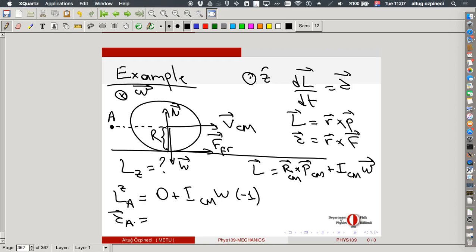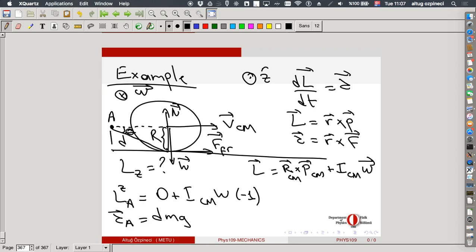Remember, this is my point A. I'm writing the torque relative to this point. This is the definition of the torque. Let's just say this distance is d, let's just give it a name, and let's say this angle is theta.